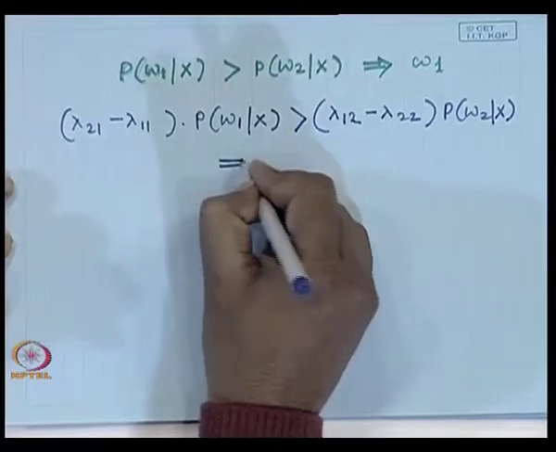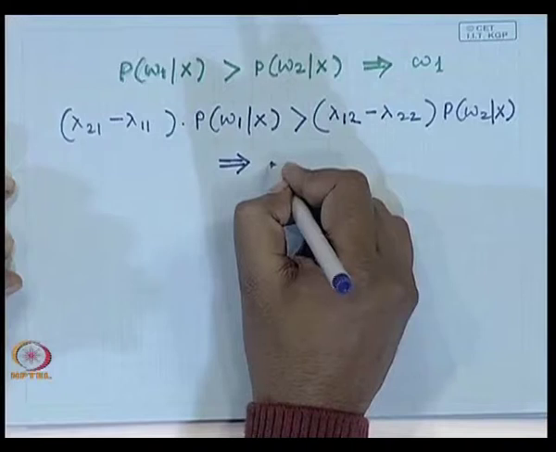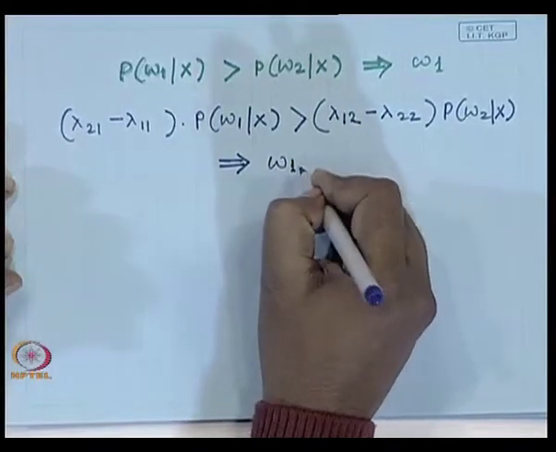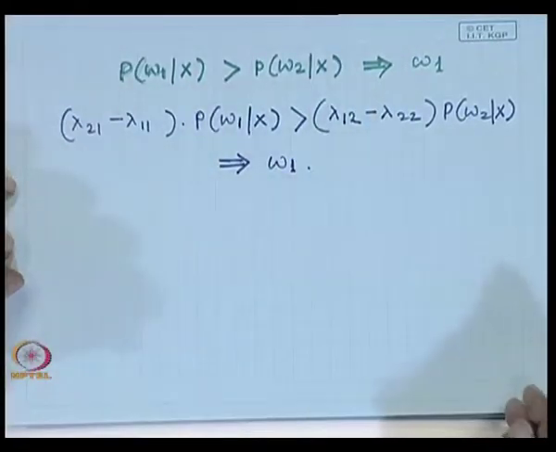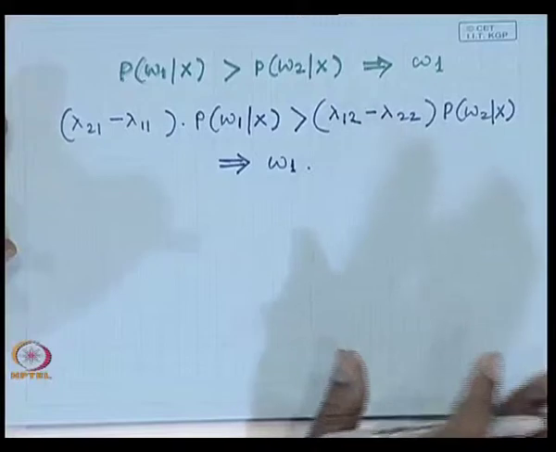This actually initiates action alpha 1, or deciding in favor of omega 1. So, this is what we are getting following the minimum risk classification.